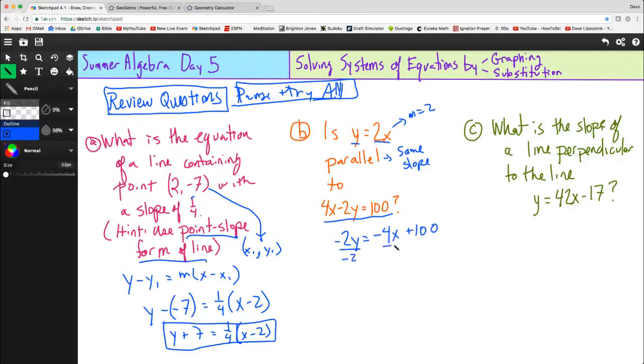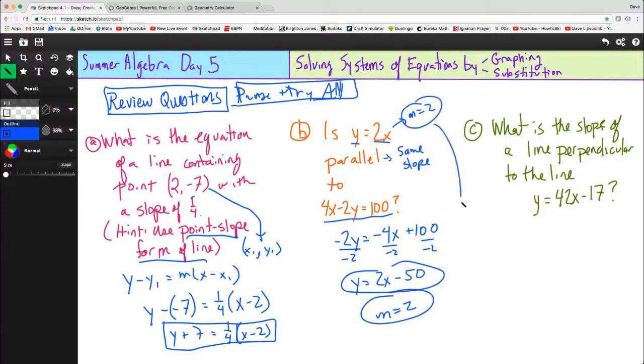Divide everything by negative 2. So we get y equals 2x minus 50. And so this equation has a slope of 2. So we have 2 slopes of 2, so these lines are parallel. Yes.